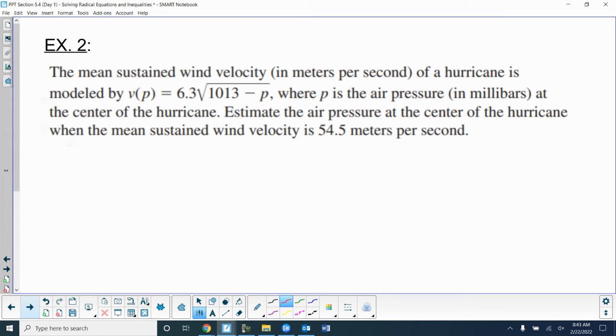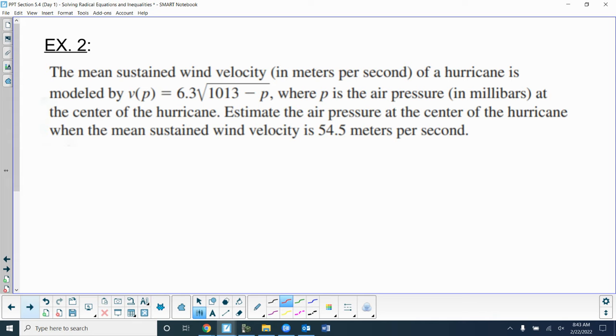All right, so here's a problem, the same type of thing, it's just in word problem form. It says the mean sustained wind velocity. What's mean? Average, yeah. So the average sustained wind velocity in meters per second of a hurricane is modeled by V of P equals 6.3 times the square root of 1013 minus P, where P is the air pressure in millibars at the center of the hurricane.